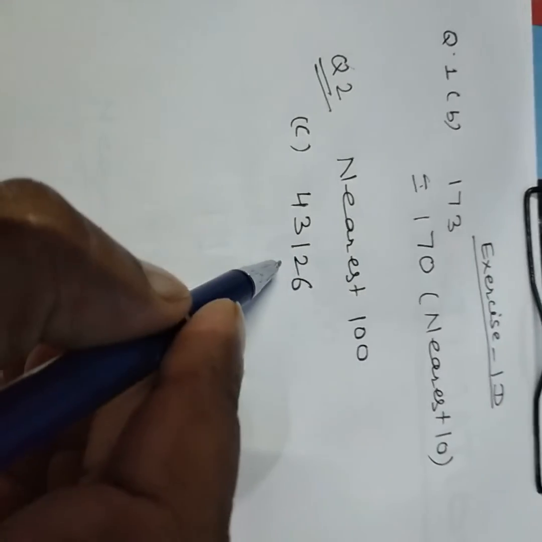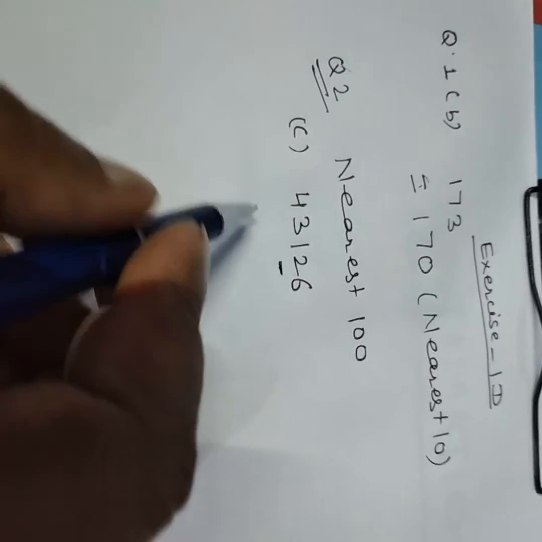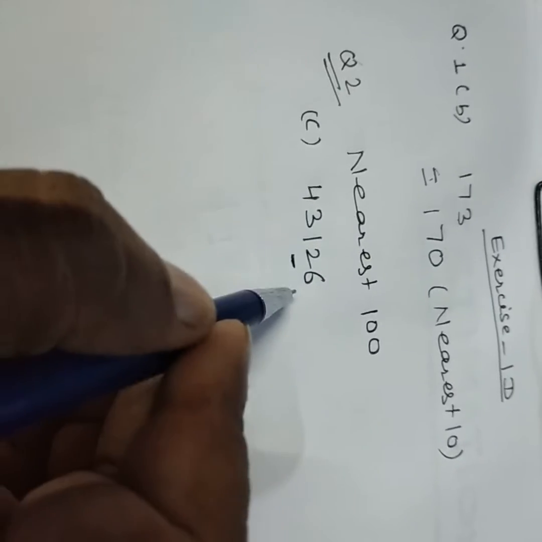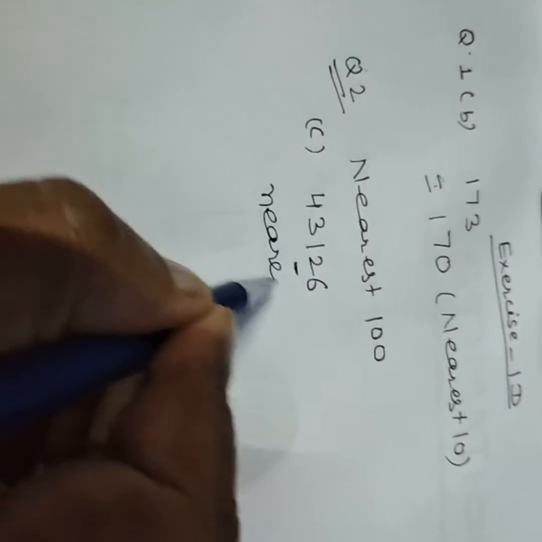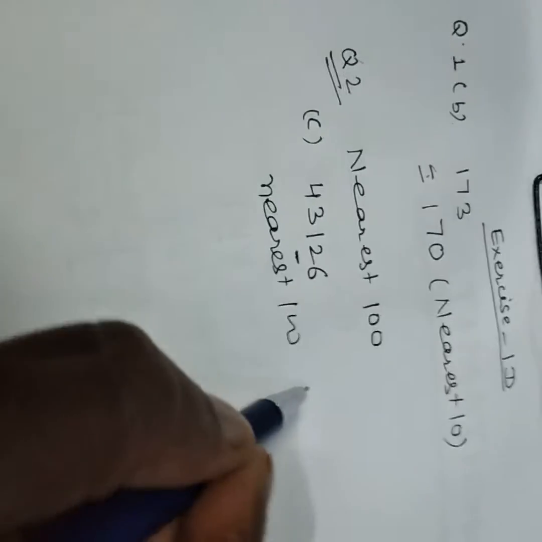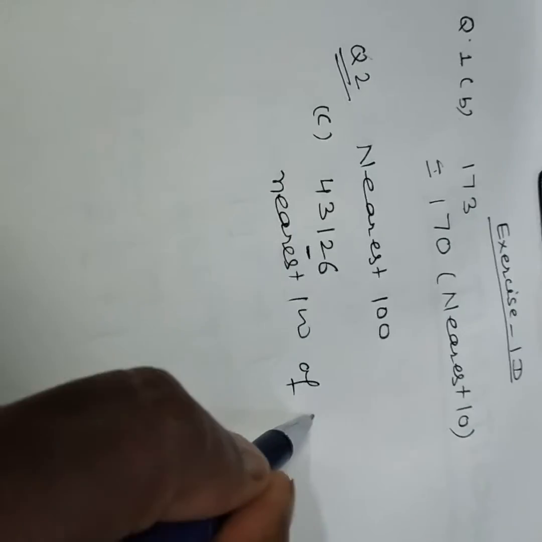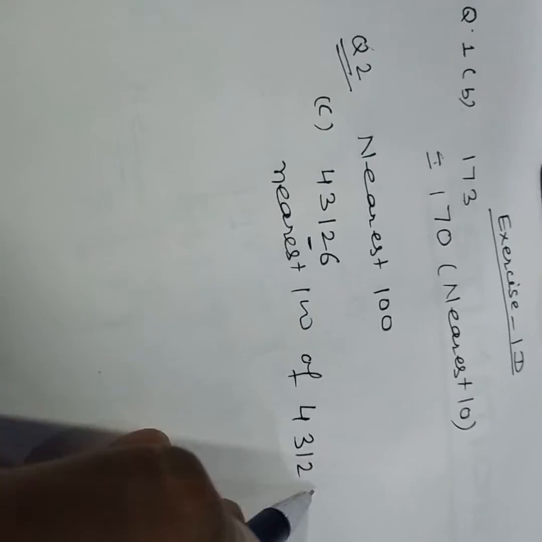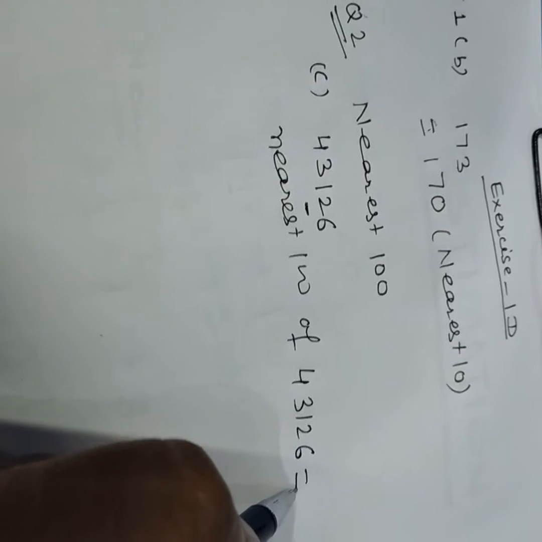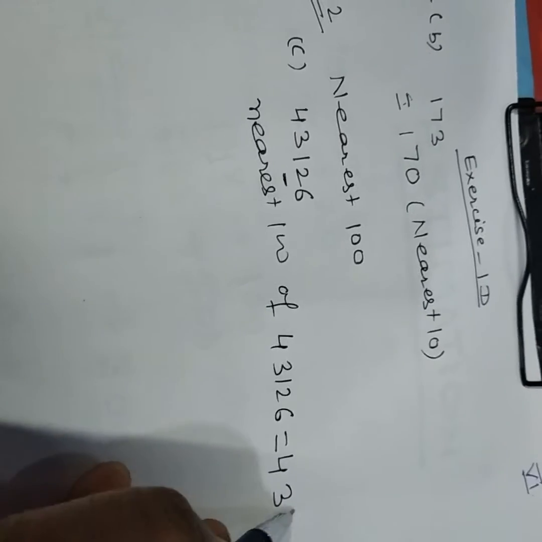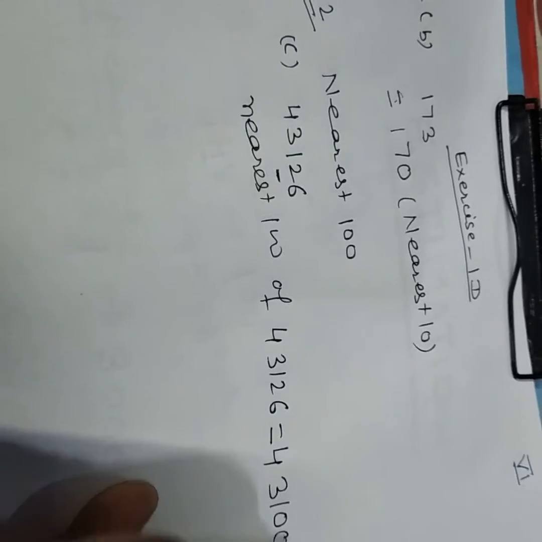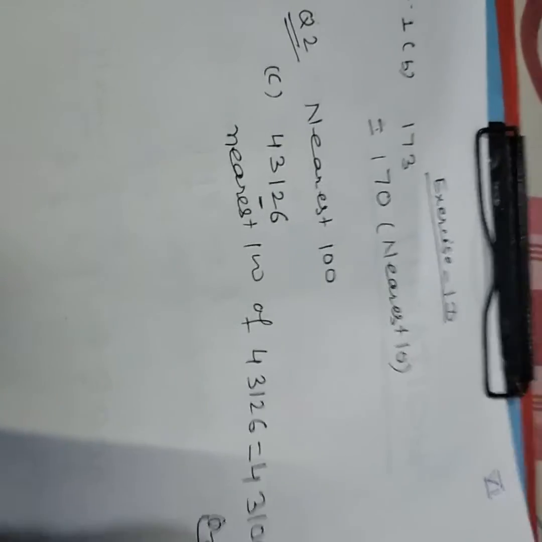For 100 we look at the tens place, and here the tens place is 2. So we will not change its value. So the nearest 100 of 43126 is 43100. This one is the answer.